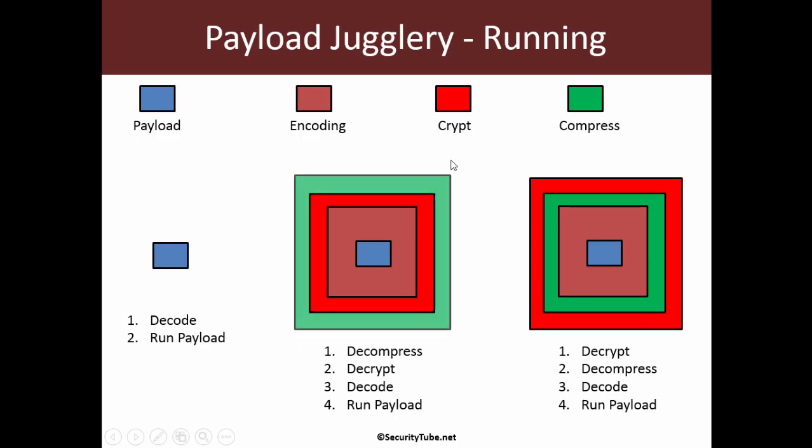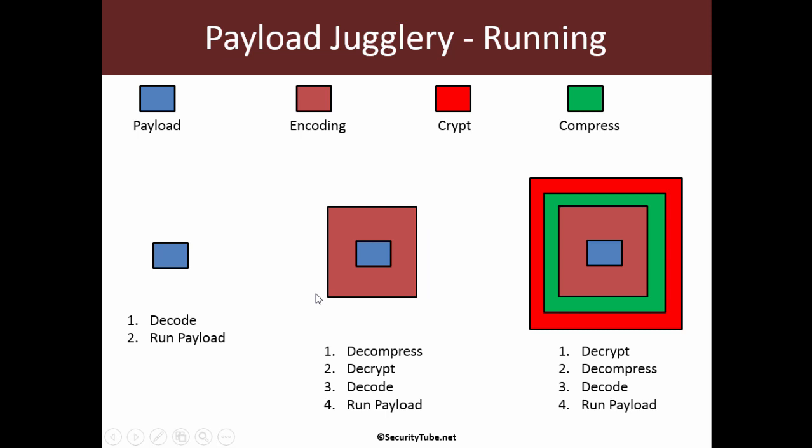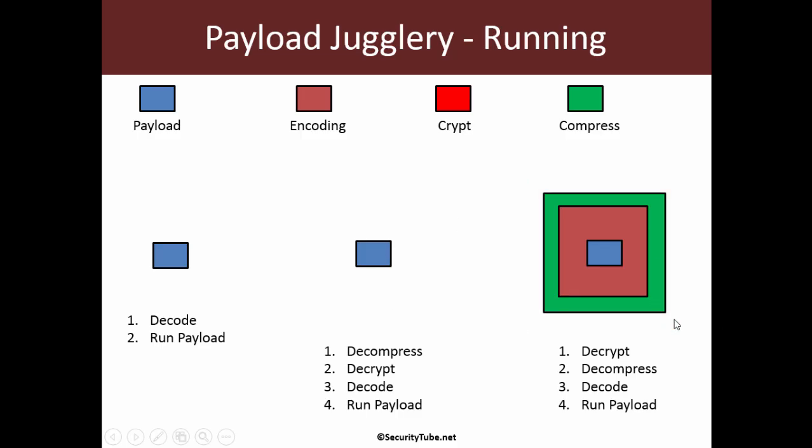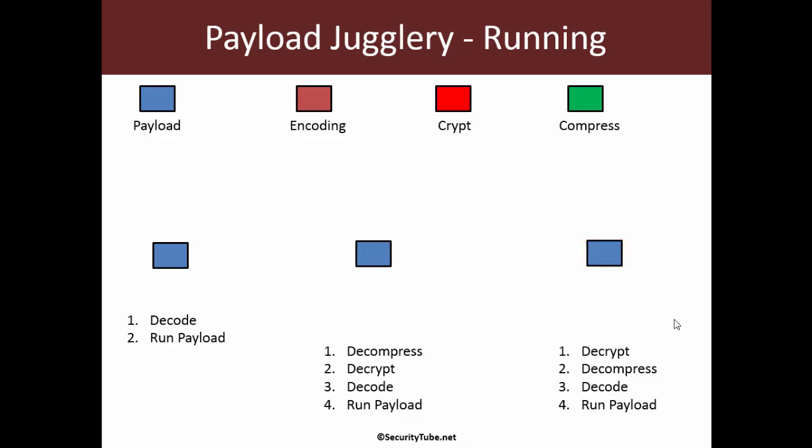So first decompression happens, then we have the encryption, so decryption happens, and then similarly decoding happens to finally get the naked payload which would be run. Now in the last case, we would decrypt first, decompress next, decode after that, and then run the payload, right?